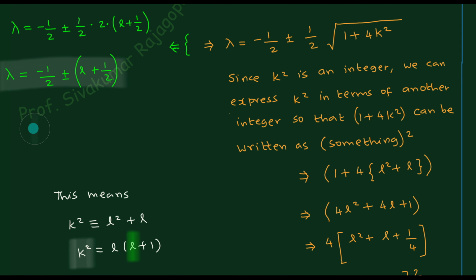Let me explicitly write down both the values separately. For one side, let me write plus, and for the other side I will take minus.